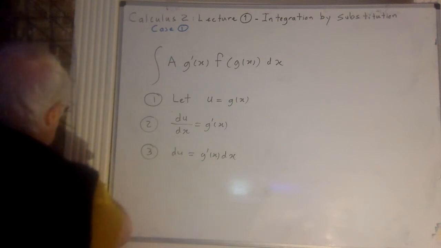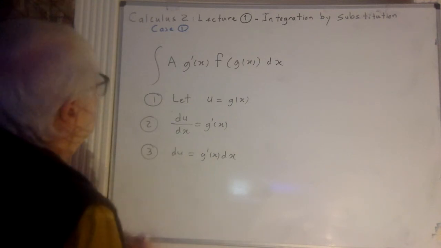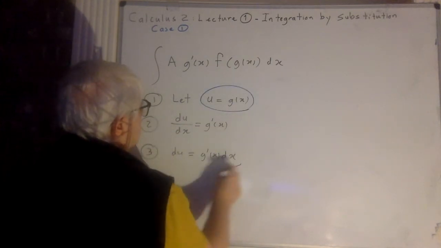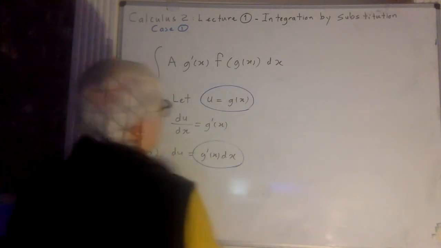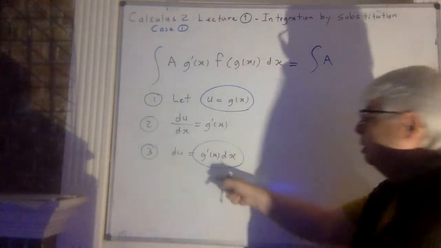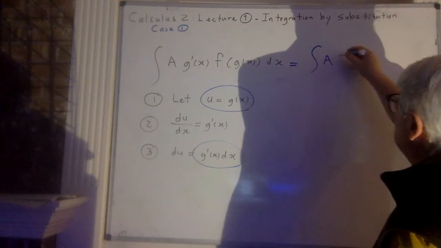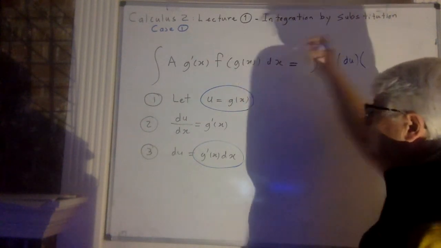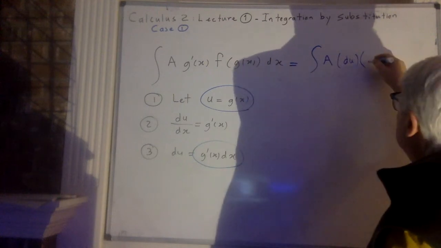Okay, so we substitute in the original one. What do we substitute? We substitute this and this. So this will become the integral of a, g prime x dx is the du, so let me write it here, and this is f of u.